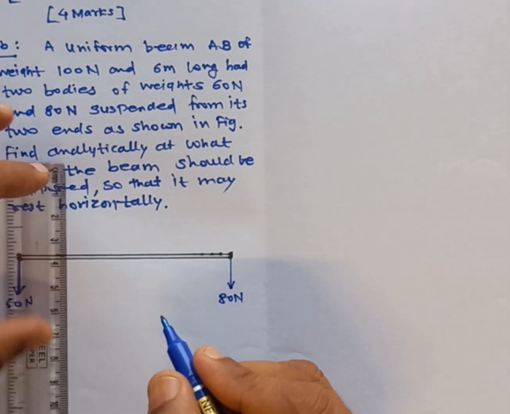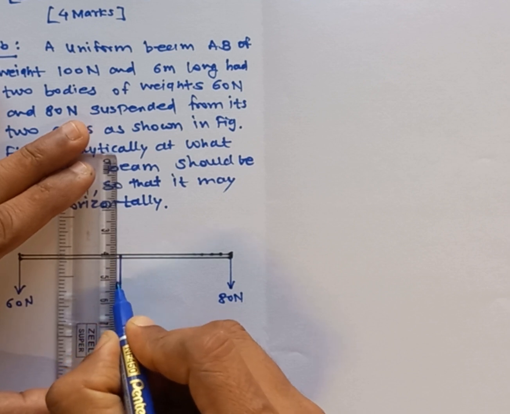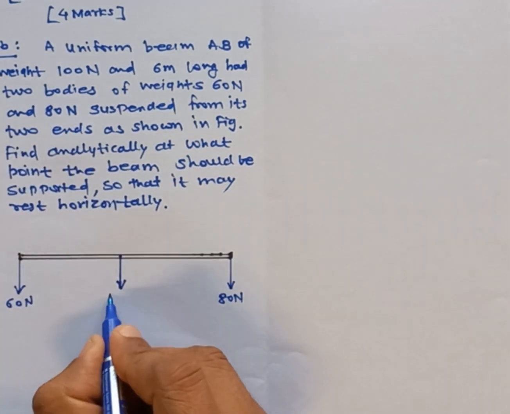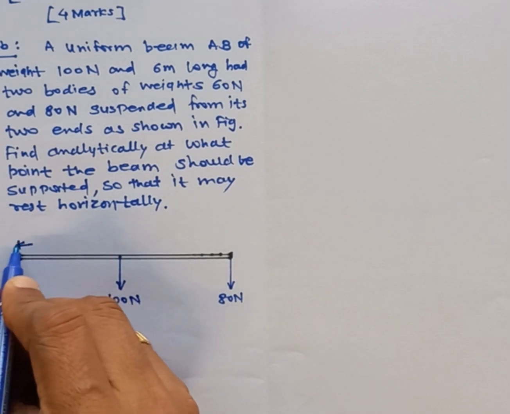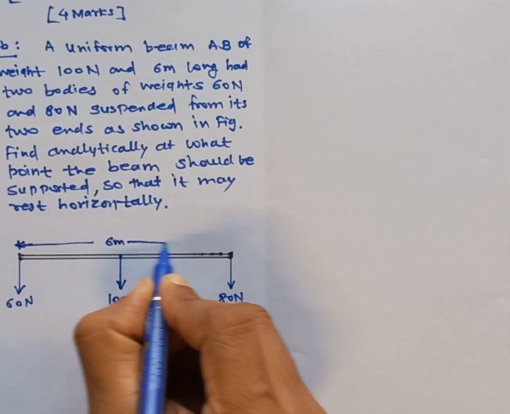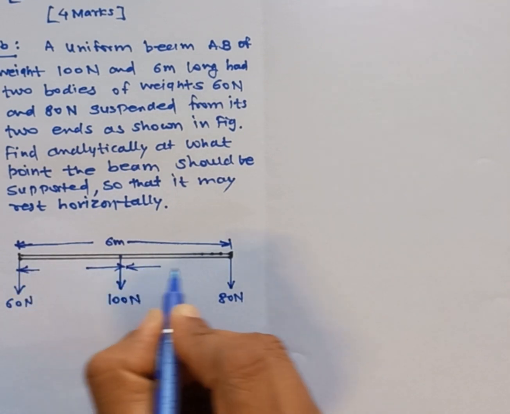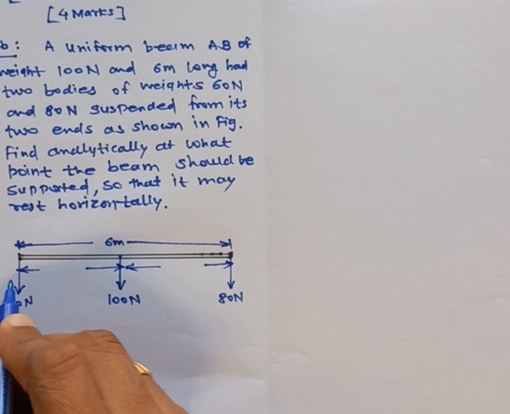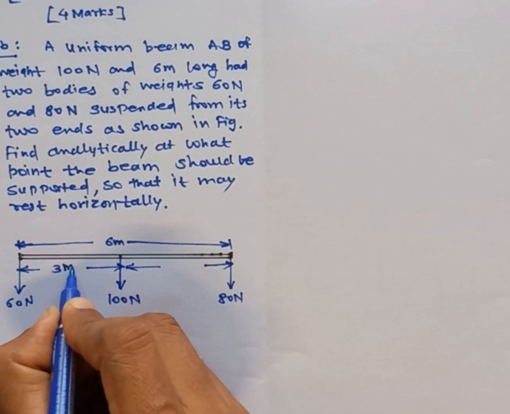Then as the weight is acting at the center, it will be shown exactly at the center. So the beam is of 6 meter. The distance between this 100 Newton and these suspended loads will be equal, 3 meter, 3 meter.